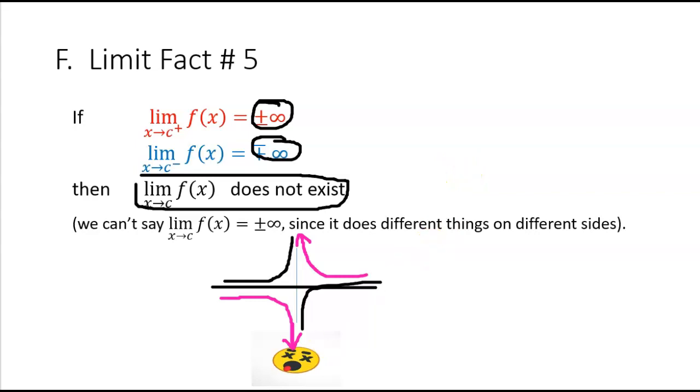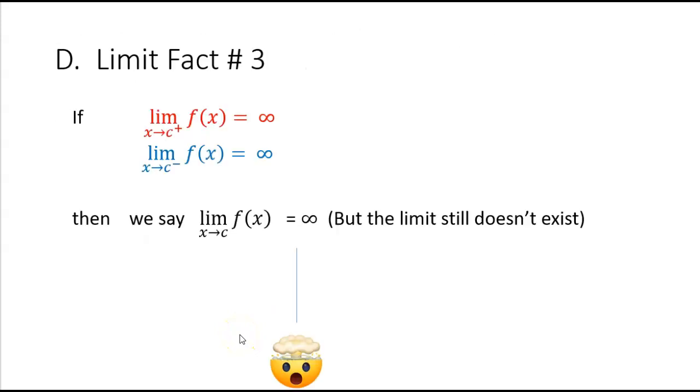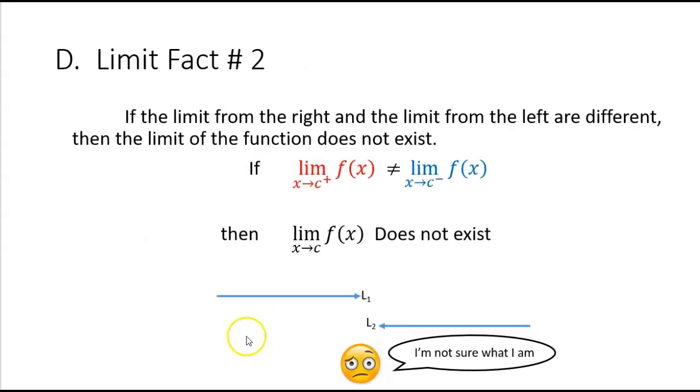Okay? So, just to review, there are two ways, basically, that we can end up with a non-existent limit. The first way is if the limit from the left and right both have numbers there, they both approach a value, but they're just different values.